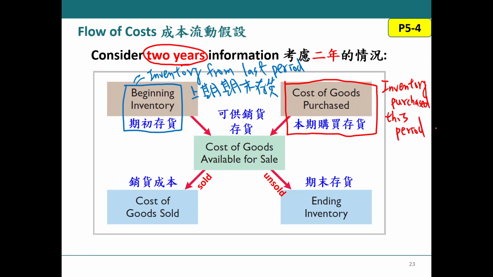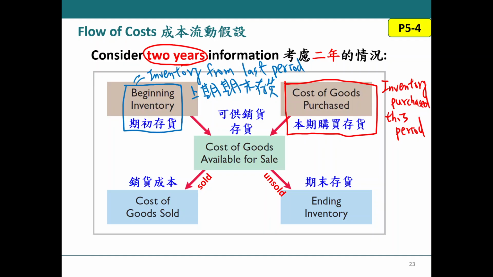Okay? So first day I got some inventories. This period I purchase more inventories, okay? So when we add up these two numbers, means what? The total inventory we have, and we are going to sell it to customers, okay?